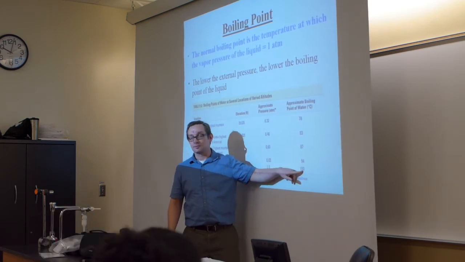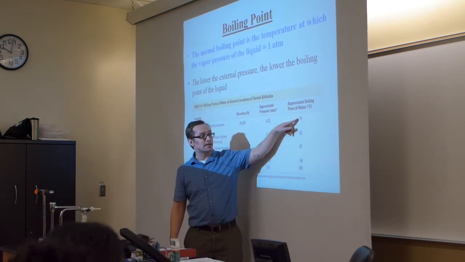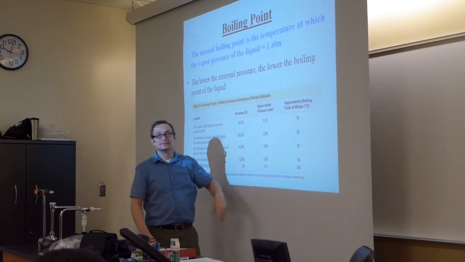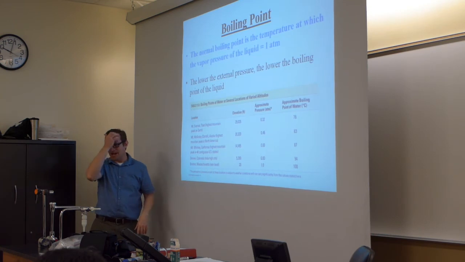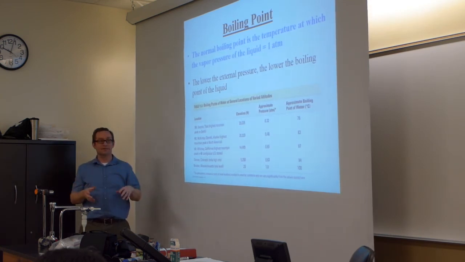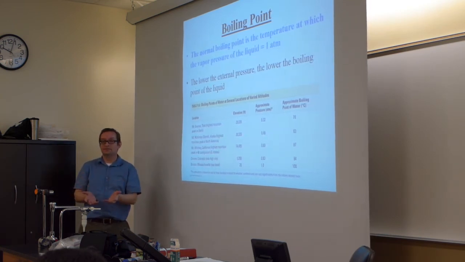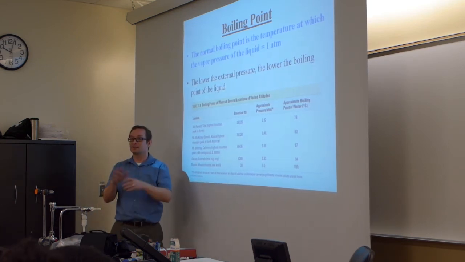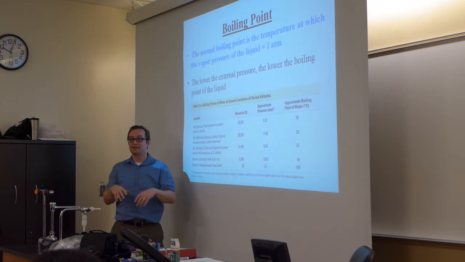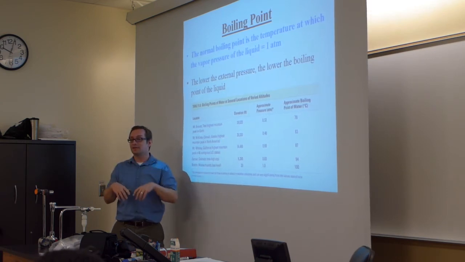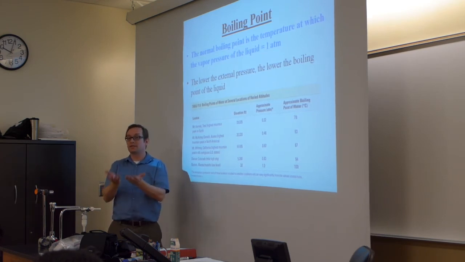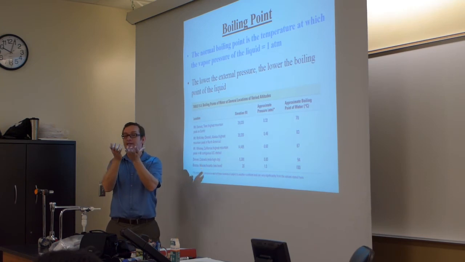At sea level, water boils at 100, right? Why does the boiling point decrease as you go higher in elevation? Here's the thing: if you have less gas in the atmosphere at higher elevation, the water is going to want to go into the gas phase more to make up for that lack of gas in the atmosphere.